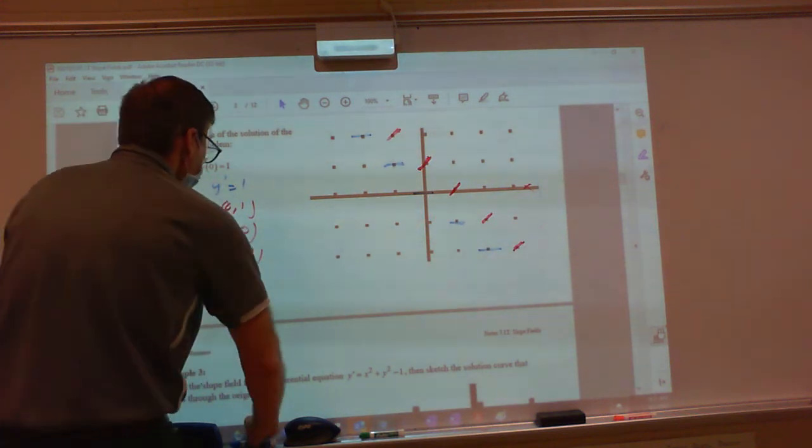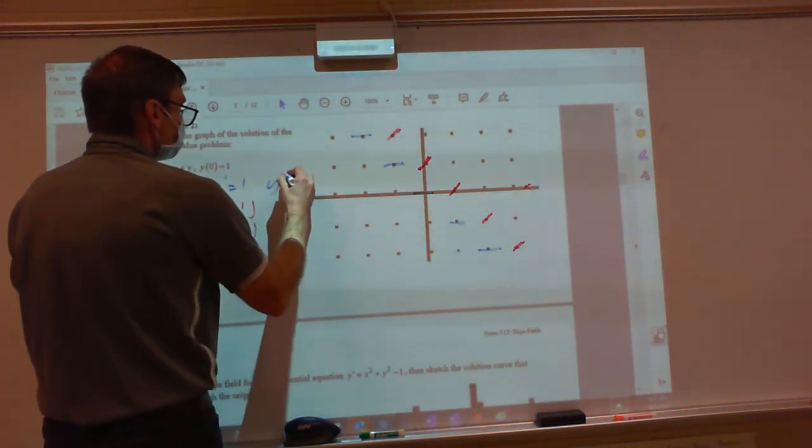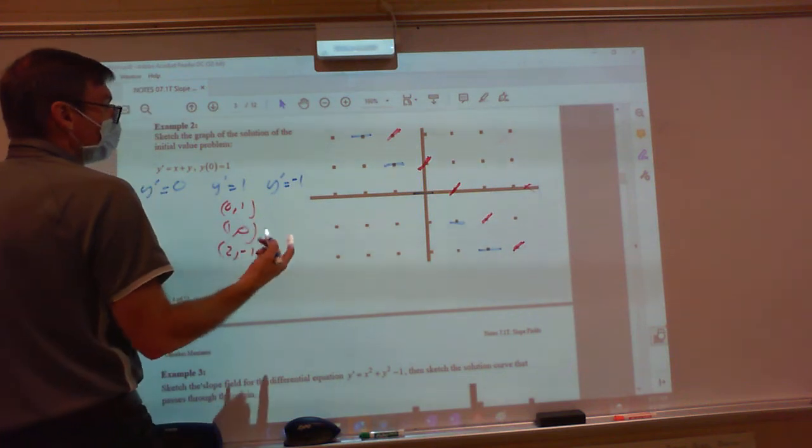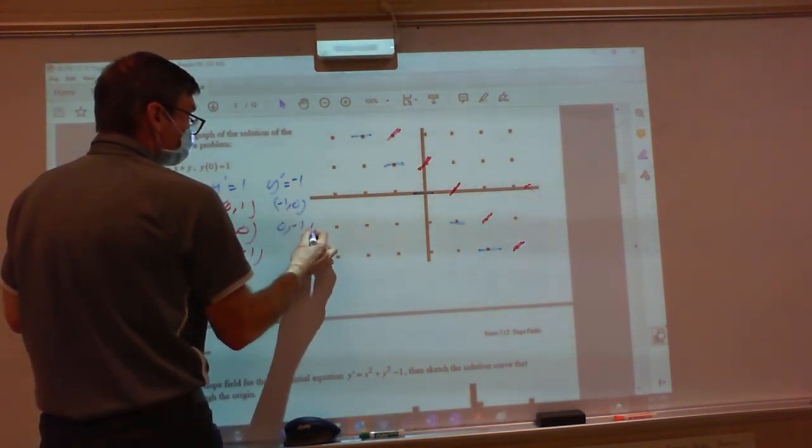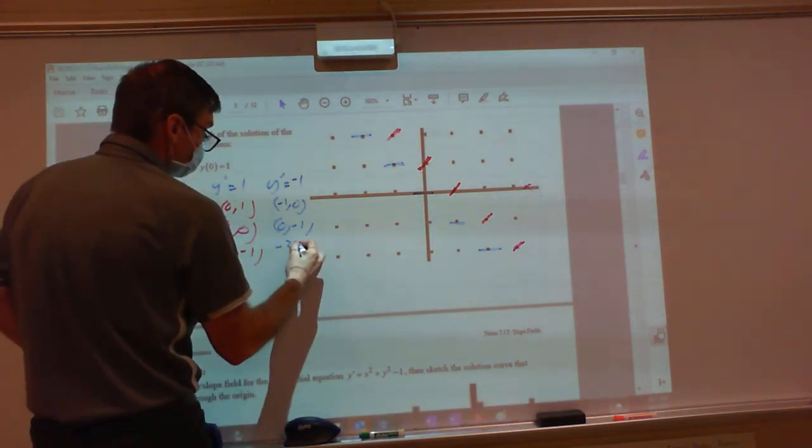Next, I'm interested in where I have a slope of -1. That's going to be (-1, 0), (0, -1), (-2, 1).